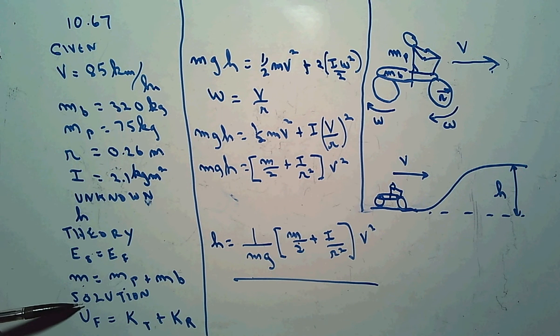Now the solution, when you look at the energy that you finish with, that's going to be a final potential energy. It'll be gravitational potential energy. And that will be equal to the kinetic energy of translation of the bike plus the kinetic energy of rotation of the wheels. We have to use some energy to spin those wheels.